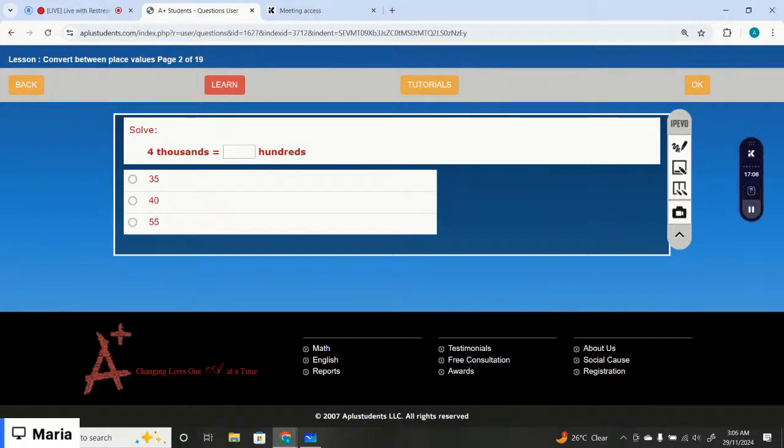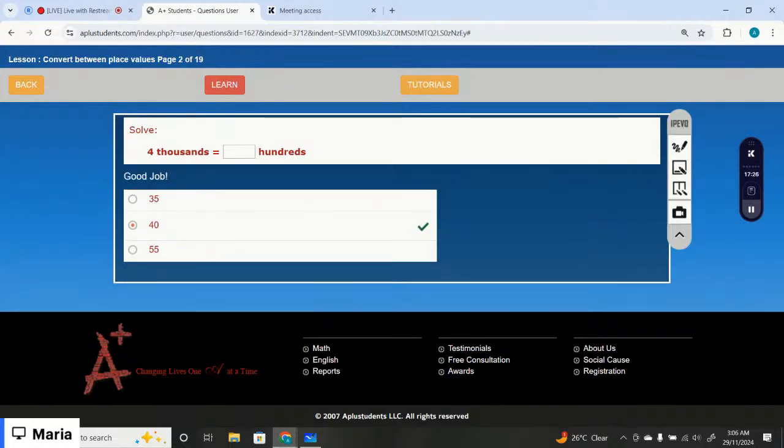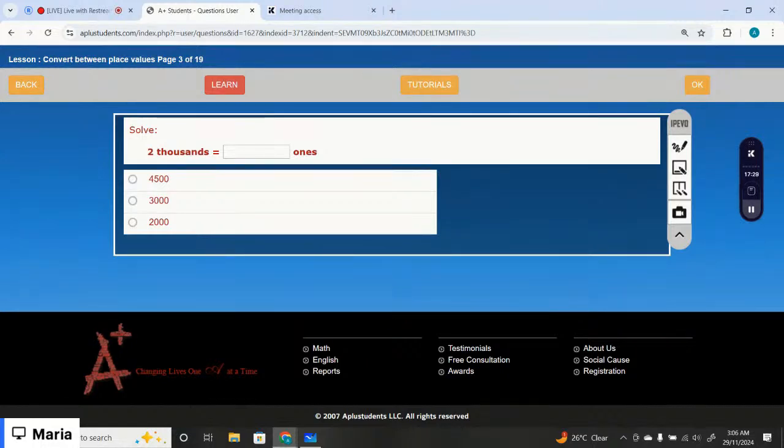The correct option is that is 40 hundreds. 2,000s equal how many ones?